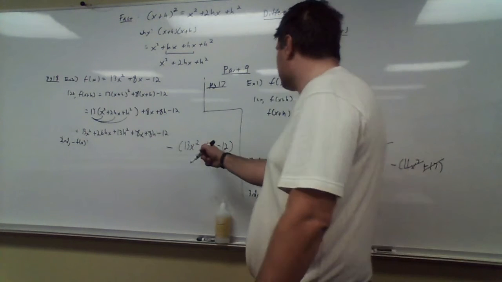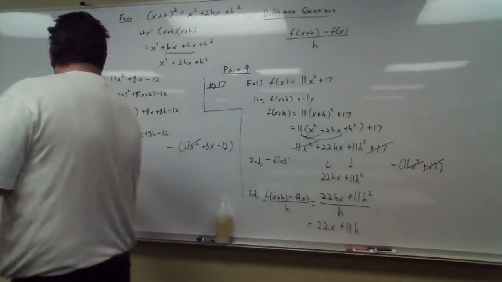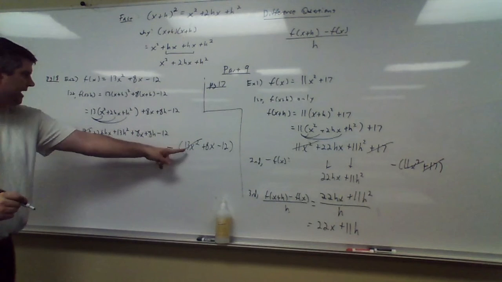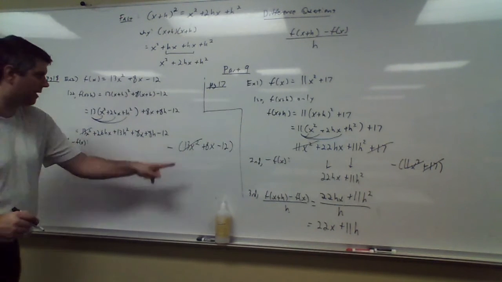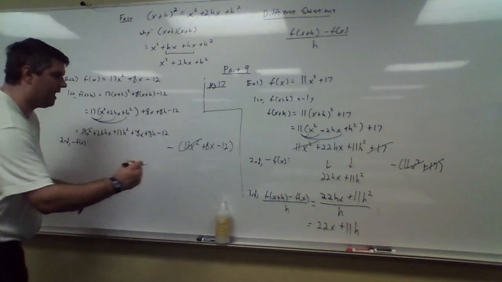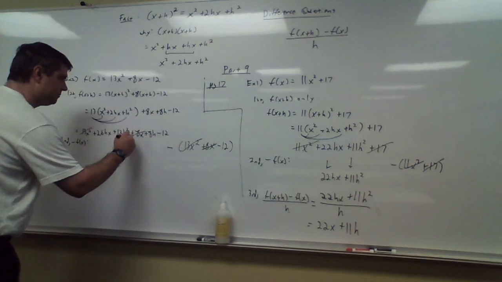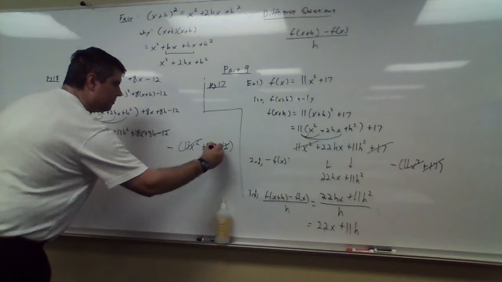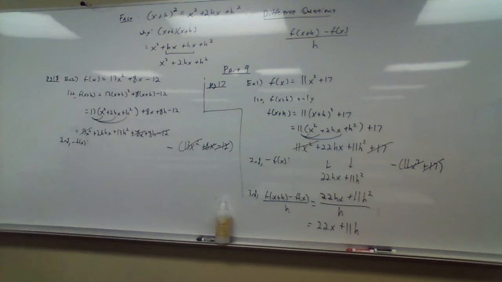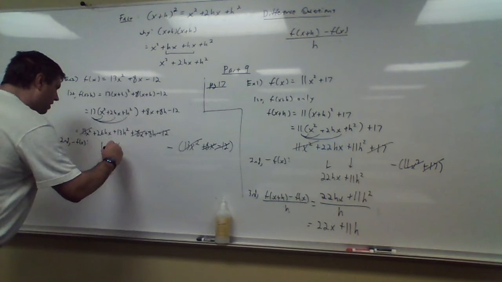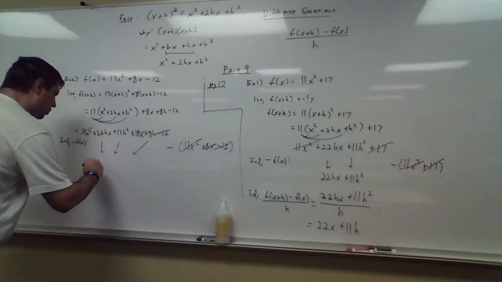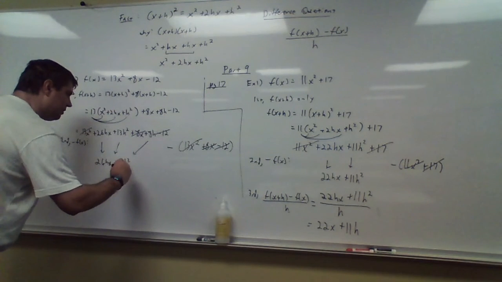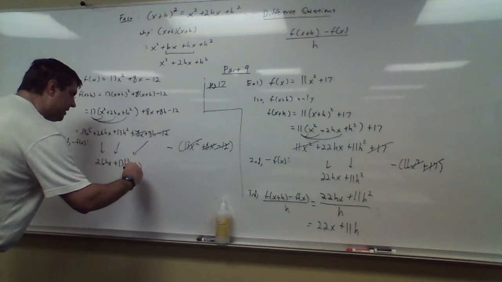I'm going to cancel all of these against their counterparts, because this 13x squared is canceled against that 13x squared. That 8x is subtracted from that 8x. And this minus 12 is subtracted from another minus 12. Okay? So the only survivors are the terms which have h's in them. 26hx plus 13h squared plus 8h.